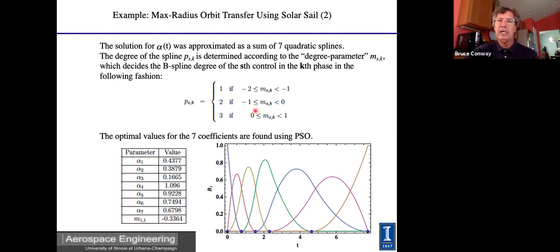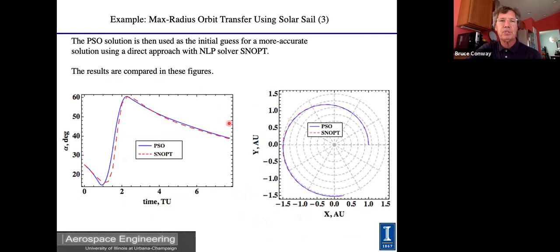I say quadratic splines, but in fact, the optimizer was also given a choice of splines and found that the best ones were quadratic. So it actually chose this number 2 instead of 1 or 3. And here's the result for the time history of the orientation angle of the solar sail. The PSO is the blue.